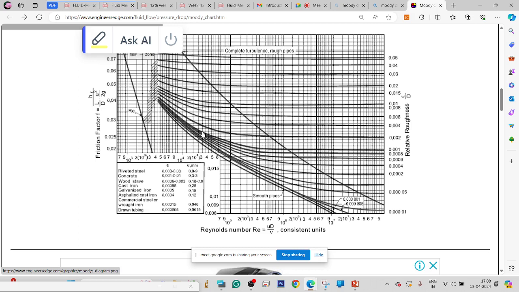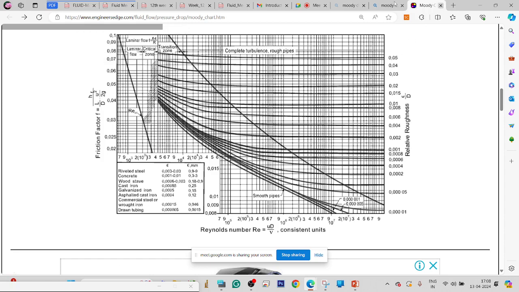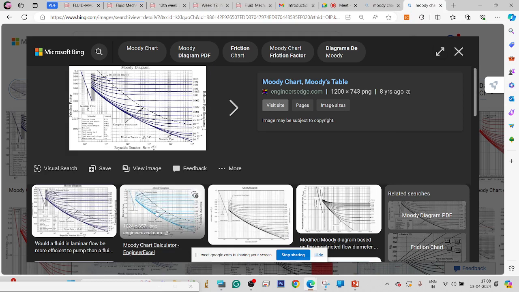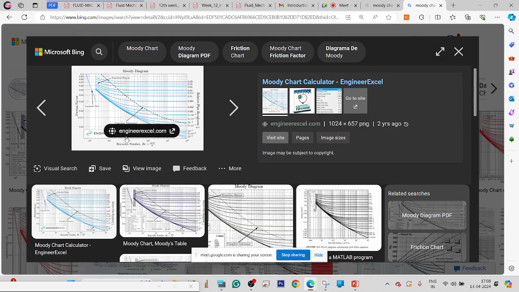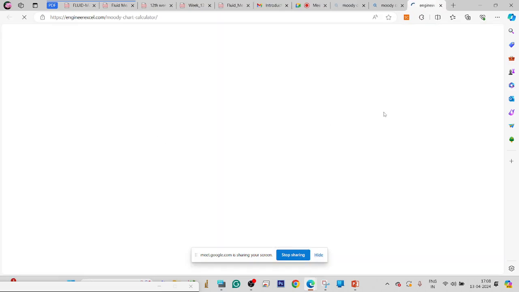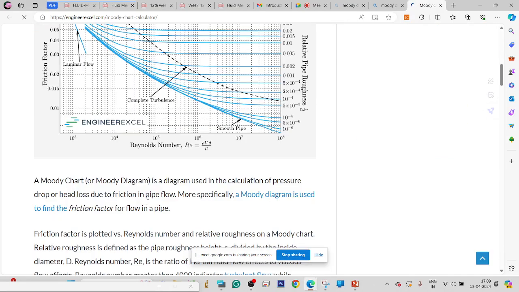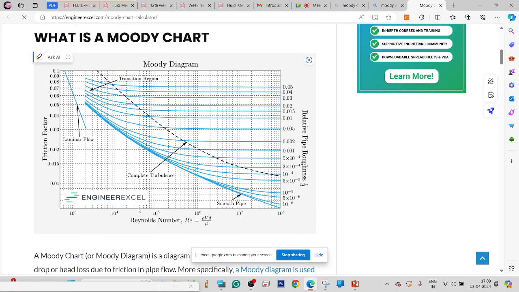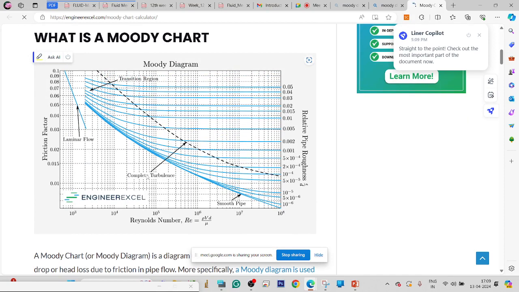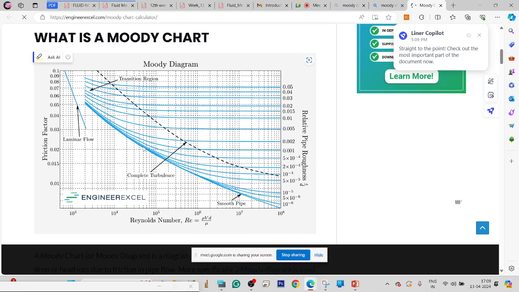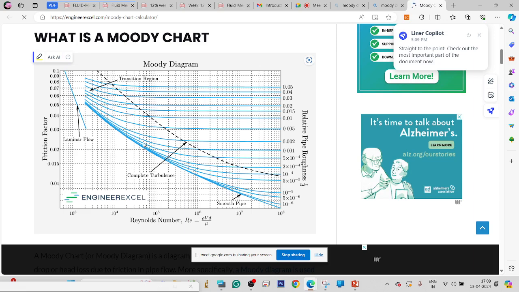The friction factor will come around 0.023 approximately.